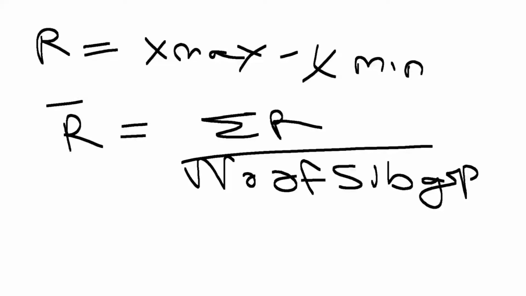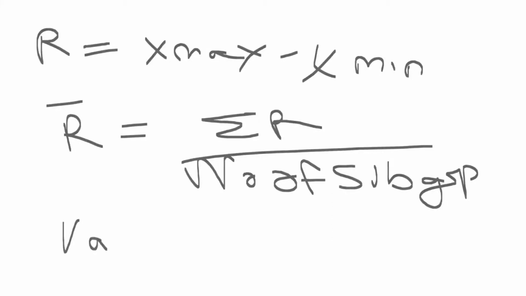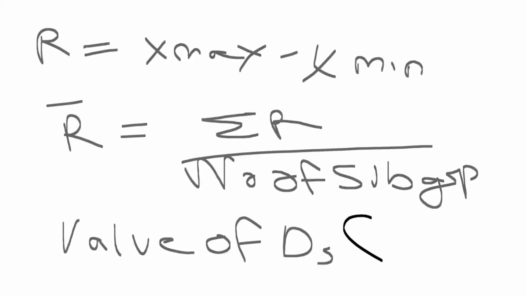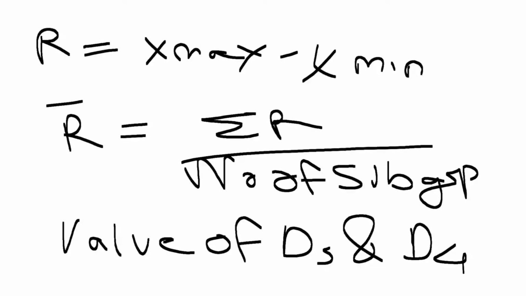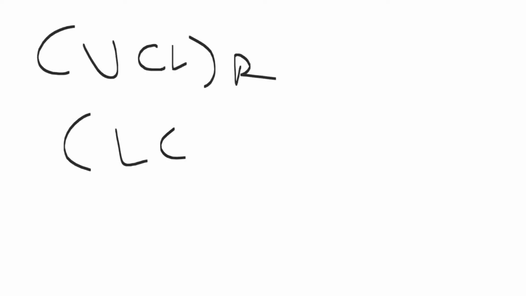Then we have seen the third step, that is the value for D3 and D4, which is already given to you in the table. Then the fourth point, we have calculated the UCL R and LCL R, that is upper limit and lower limit.